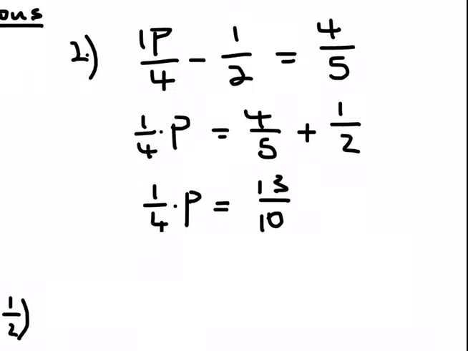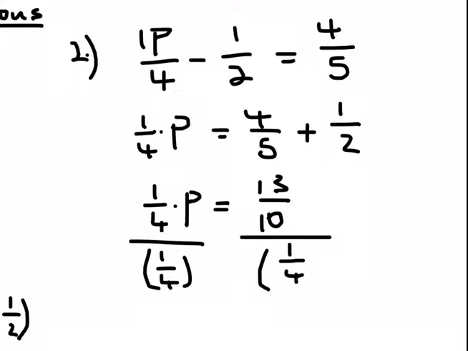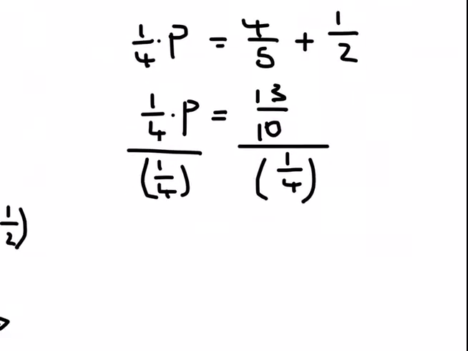So now you just remove that coefficient of 1 over 4, but just remember to put it inside the brackets. Whatever you do on the left, you also do on the right. So can you see now that that cancels completely with that? You remain with p, which is what you are looking for.